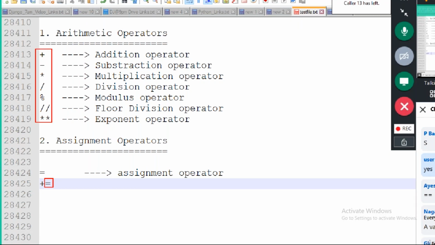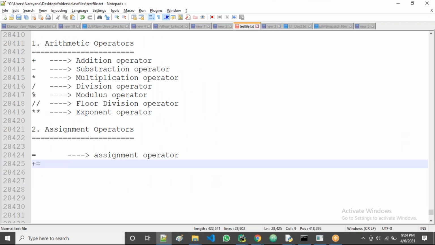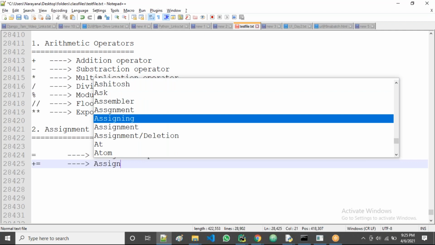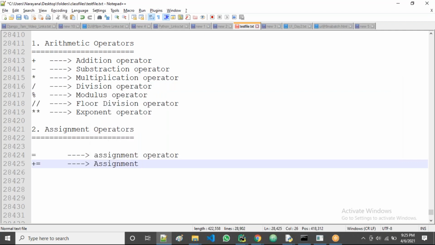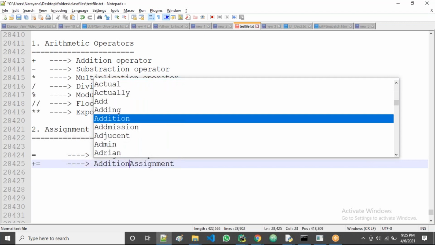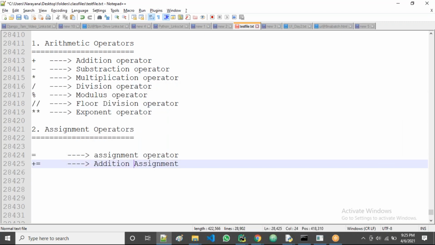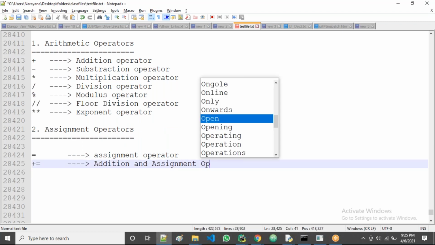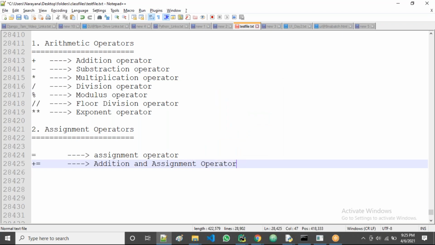Plus equal means which one? Addition first, right? Addition and assignment, guys. It is the addition and assignment operator.